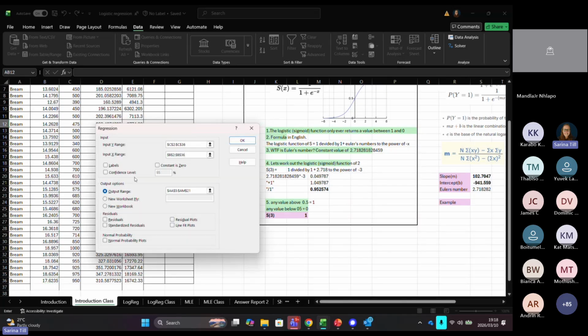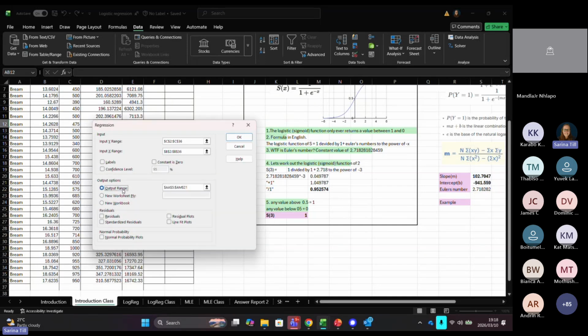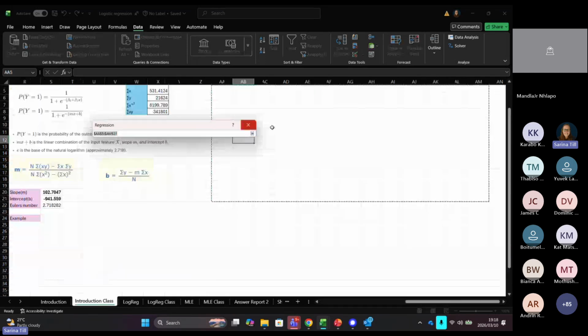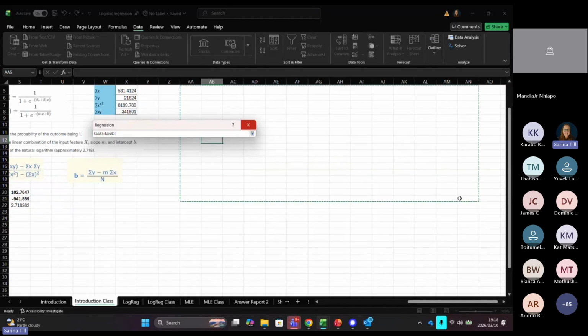Then accept the confidence interval of 95. Don't fiddle with these. Then there is your output range. You can choose a new worksheet and it will put it in a whole new worksheet. Or you can say output range, and say, I would like to put it over here. Then you tell Excel to put this data over here for me. And Excel will moan at you if the space isn't big enough.